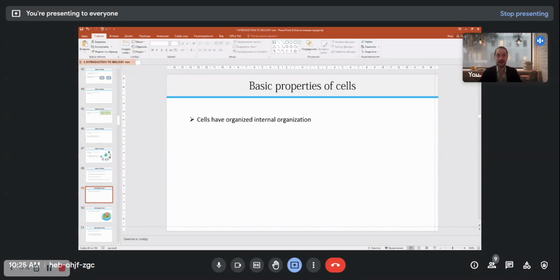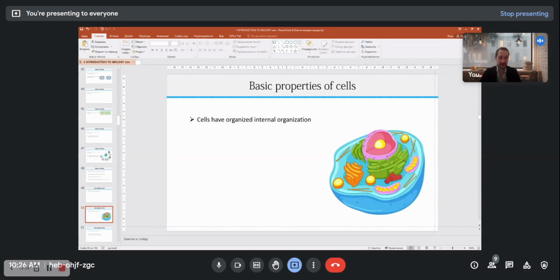So it is not just some homogeneous liquid solution inside, but it is actually nicely organized in order to perform a lot of activities inside of cells that are necessary for maintenance of the life of this cell and the life of all cells that create the human body, which, of course, will be transferred into the concept of life of the human body.